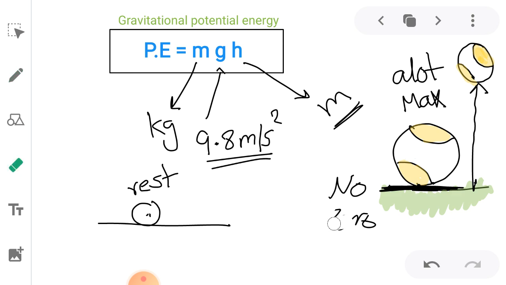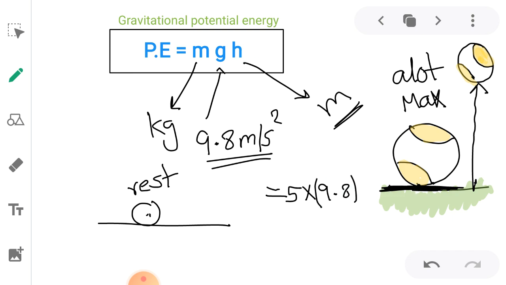let's write it with mathematical numbers. Okay, we're going to substitute in that relationship. The mass, for example, of that pole is 5 kilograms. Gravitational acceleration will be 9.8, as I told you, it's a constant.